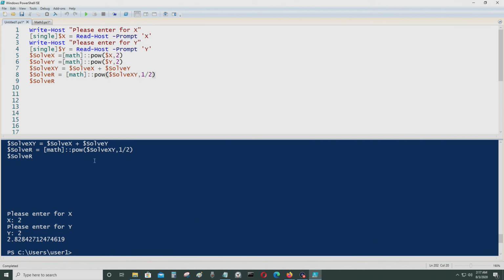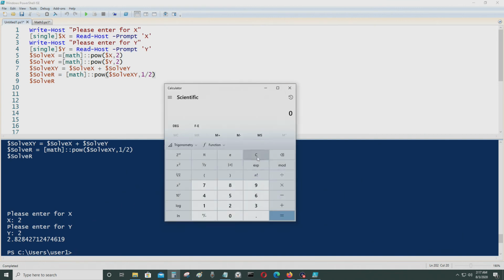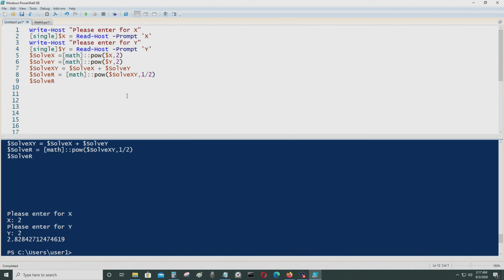Okay, that works. So 2 squared plus 2 squared is 4 and 4, 8. Let's see if that's 8, the square root of 8. The square root of 8 is 2.828, so that's correct.